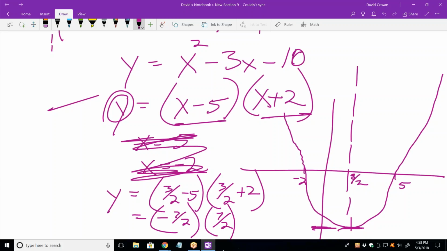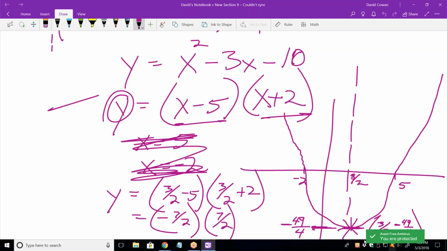So that's negative 49/4. 49/4 negative is the y-coordinate of the vertex. If I want to put a coordinate on that, 3 halves is the x-coordinate and negative 49/4 is the y-coordinate.